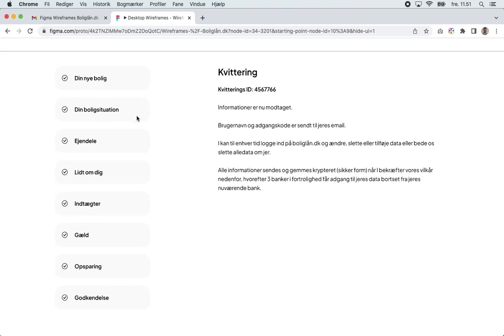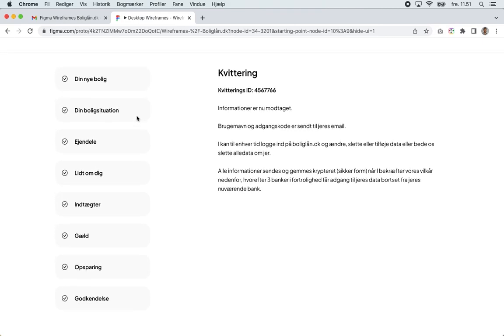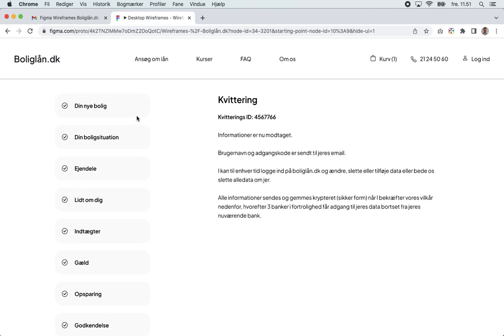Was there something causing you frustration? Actually, when we went through this part and I clicked on Eindel, then I had to click through all the sections again. I got it. Fine.